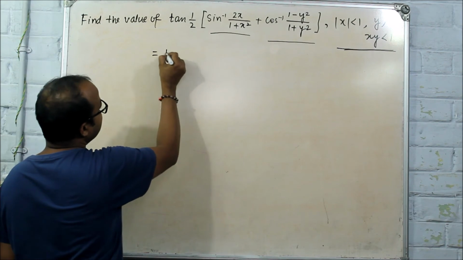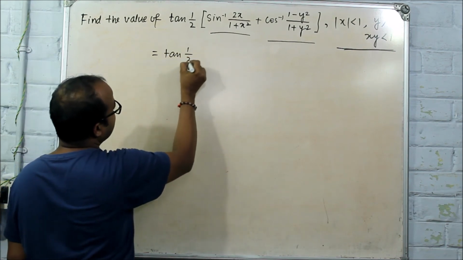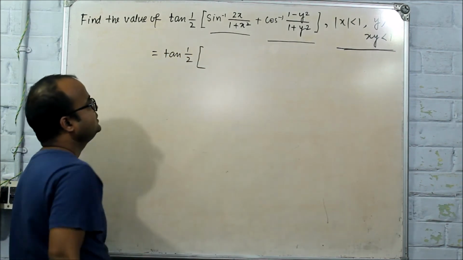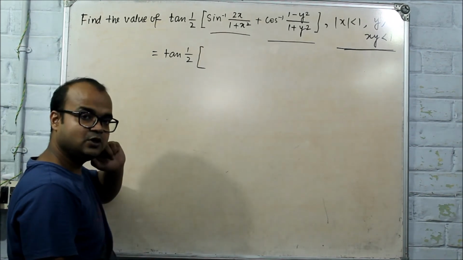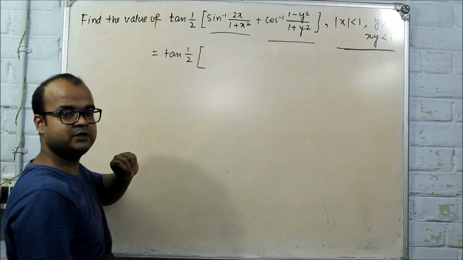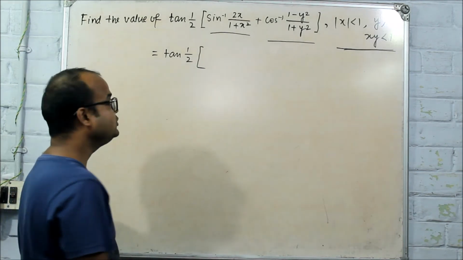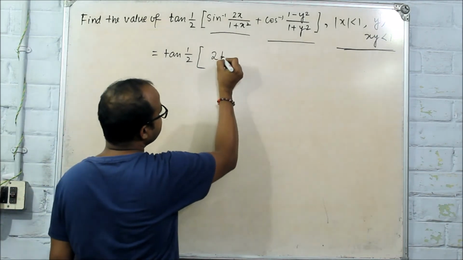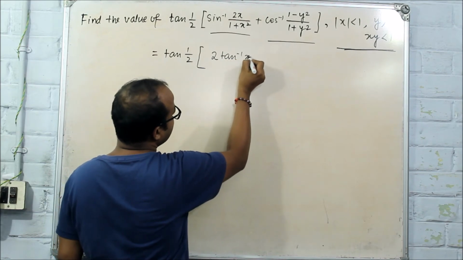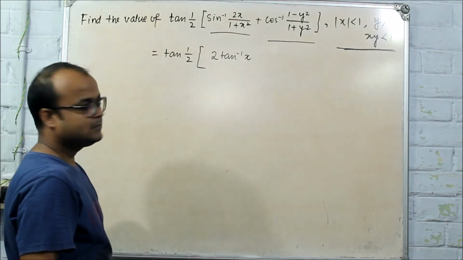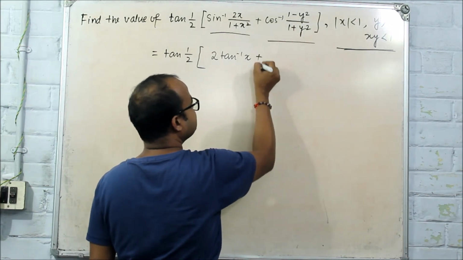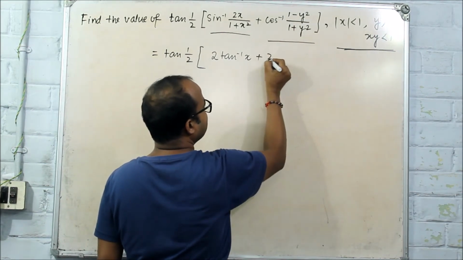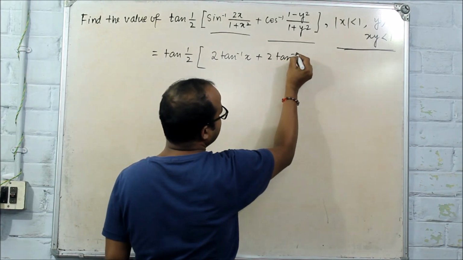So tan of 1 by 2 sin inverse of 2x by 1 plus x square. This is the formula of 2 tan inverse x. Cos inverse of 1 minus y square by 1 plus y square is the formula of 2 tan inverse of y.